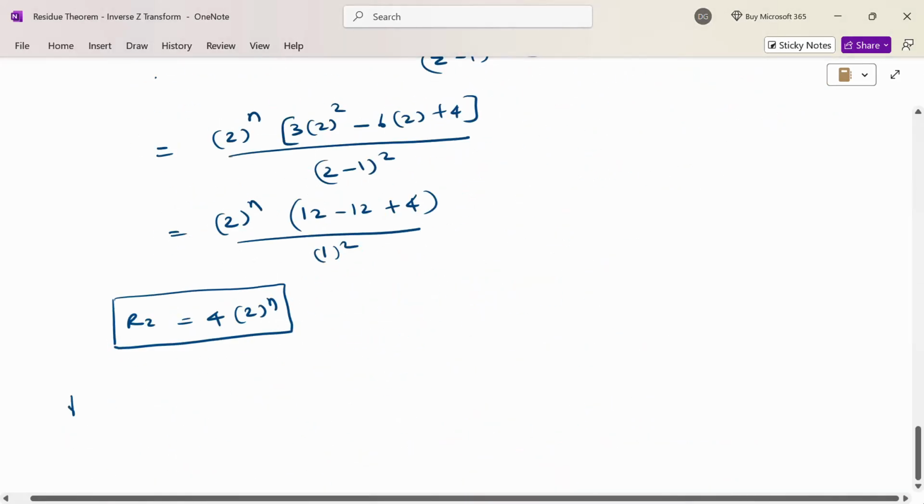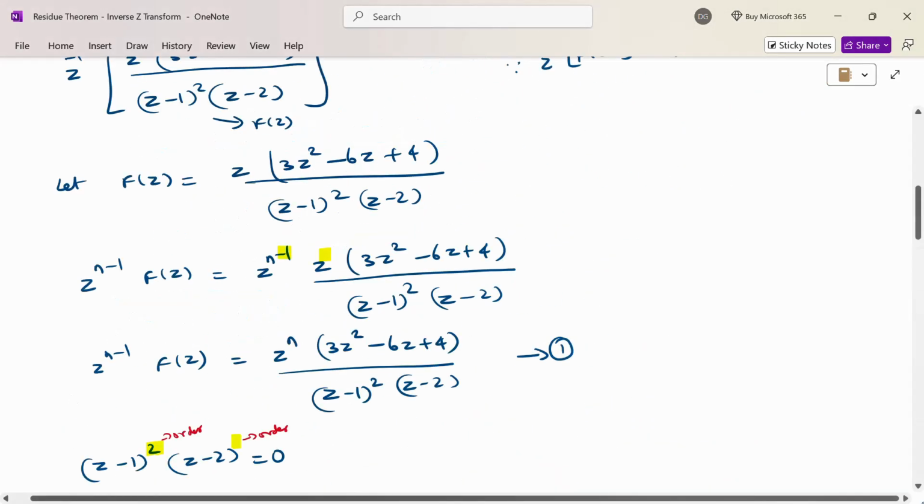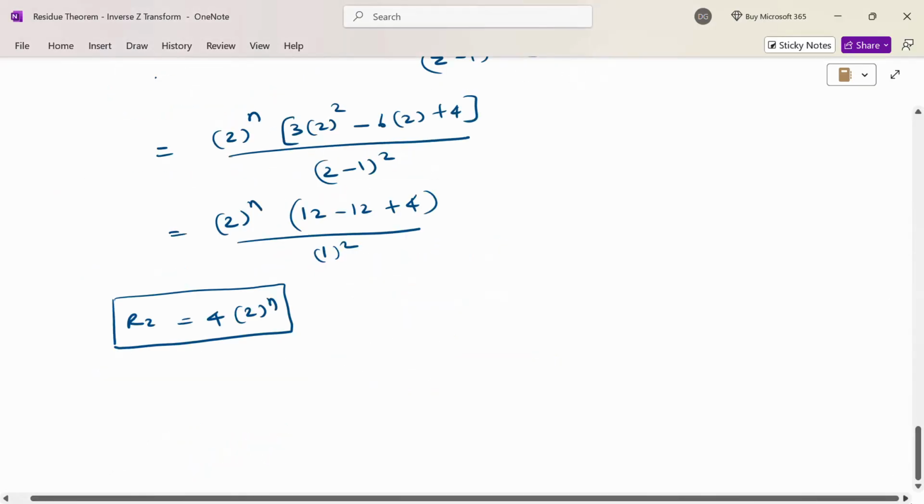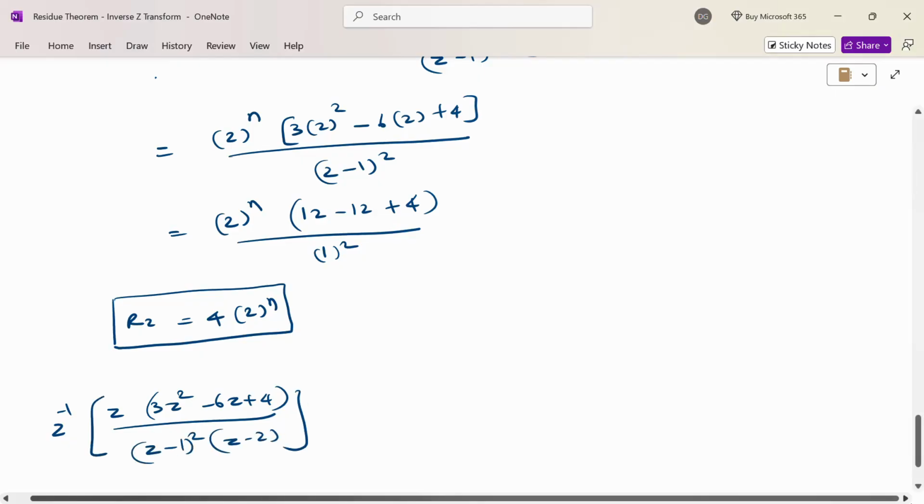Therefore f of n, or z inverse of z into 3z square minus 6z plus 4 divided by z minus 1 square, z minus 2, is nothing but the sum of the residues of z power n minus 1 f of z.